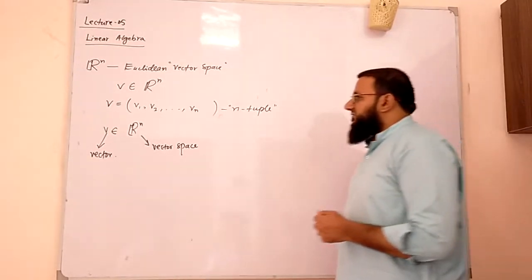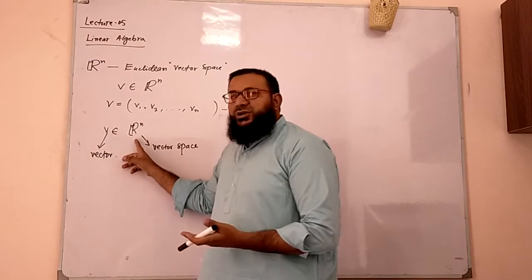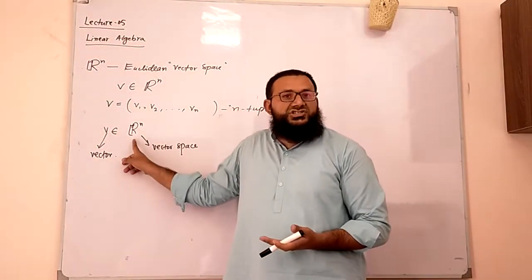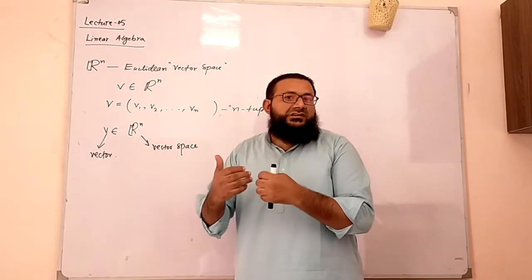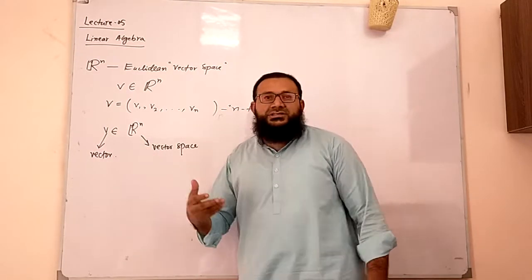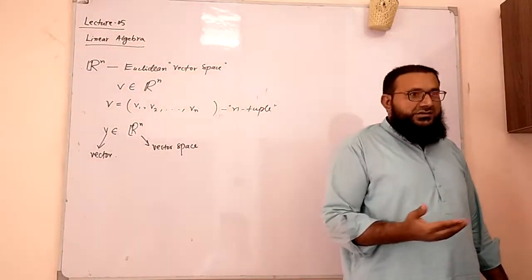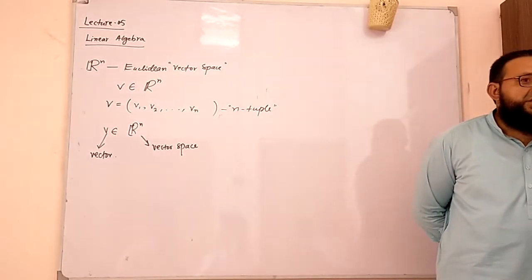So we know very well that when we take R1, R2 or R3, we can visualize all these things geometrically, but if we go beyond R3, we cannot give an exact geometric representation. We have some sort of geometric representation for R4 as well, using basic fundamentals in physics, what Einstein did.